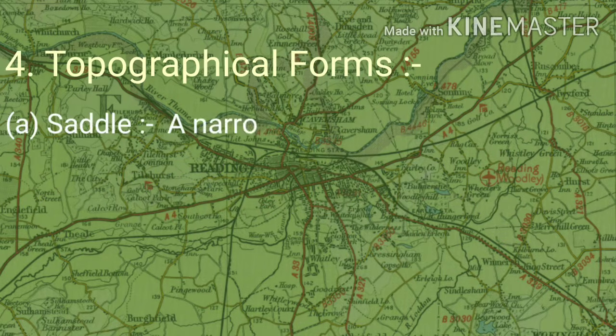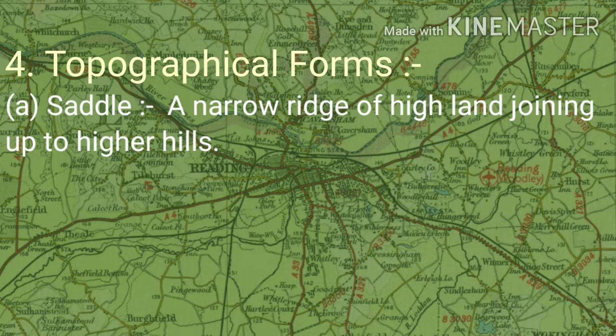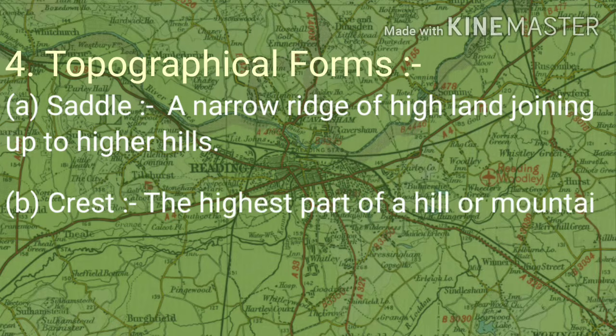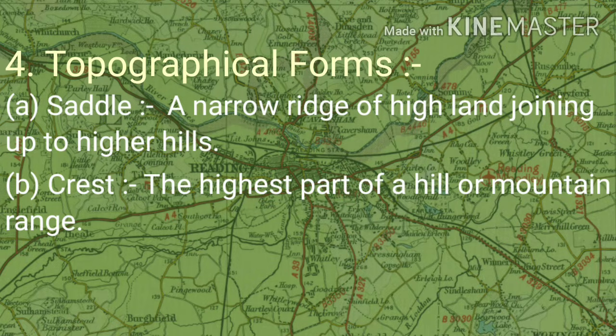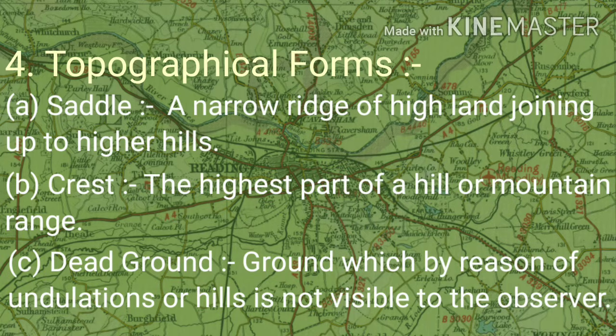First one, saddle. A narrow ridge of highland joining up to higher hills. Then crest, the highest part of a hill or mountain range. Then dead ground, ground which by reason of undulations or hills is not visible to the observer.